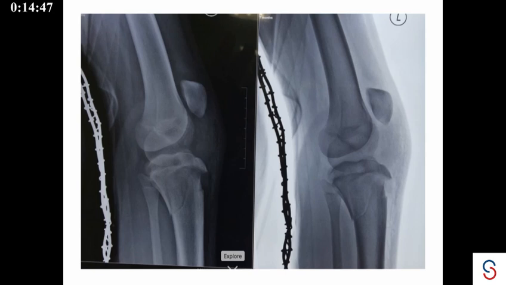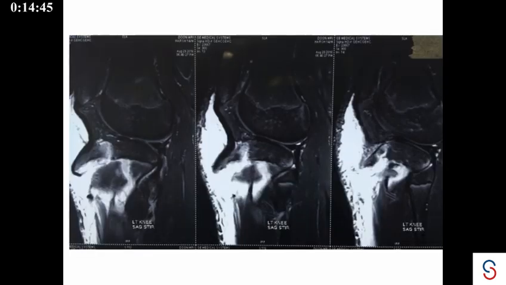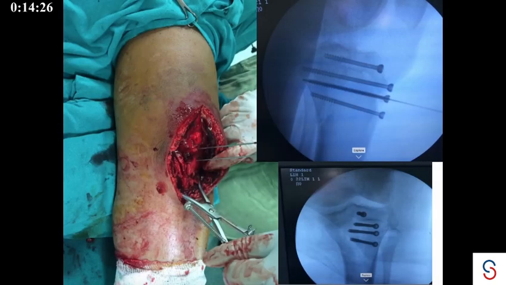You can see they reduced well. And these were MRIs which were done because they are boarding school kids, so the money is not an issue. You can see the amount of soft tissue, this whole thing from there to there. Even the edema is beyond the tibial tuberosity confines. So fixed with 4 screws.